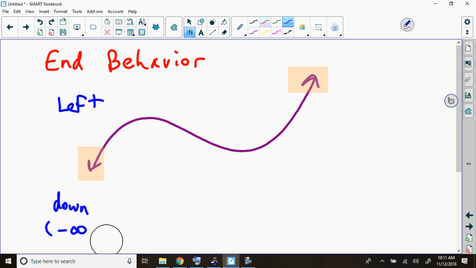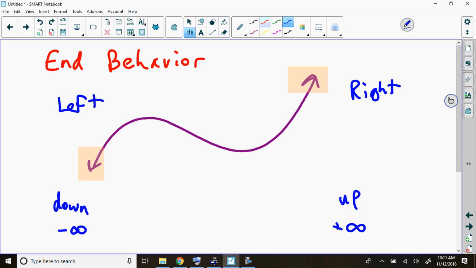Downward really means negative infinity. And that's the kind of language that Mr. Englehart's going to expect you to use. And on the right side of this one, this one looks like it's heading up or toward positive infinity, right? So up is positive infinity, down is negative infinity.